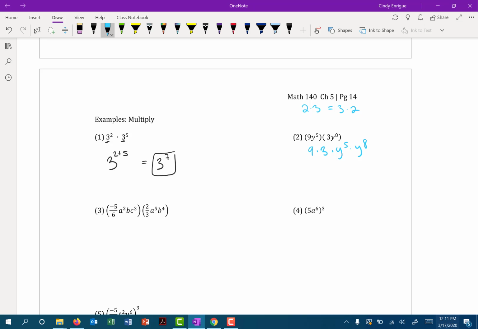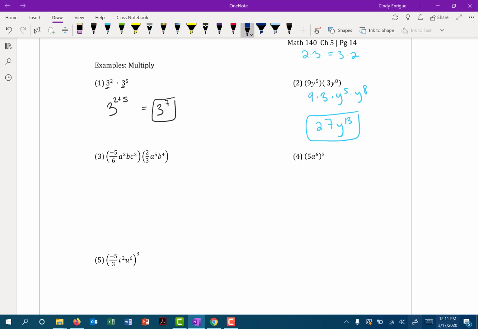Usually this helps students to notice that numbers get multiplied together and the exponents get added together. So now I have 9 times 3, which is 27, and I have y to the 5th times y to the 8th. So our rule of exponents tells us that it's the same base being multiplied, so our exponents get added together. And 5 plus 8 is equal to a positive 13.